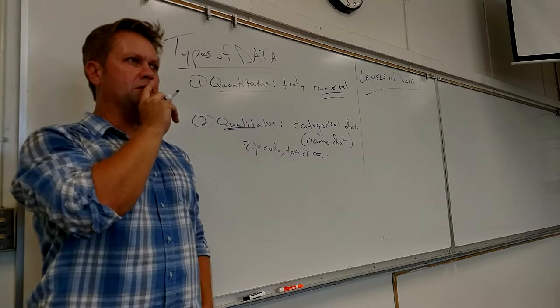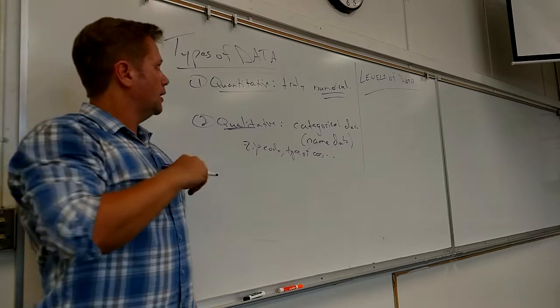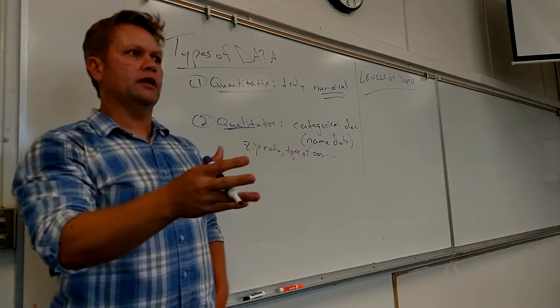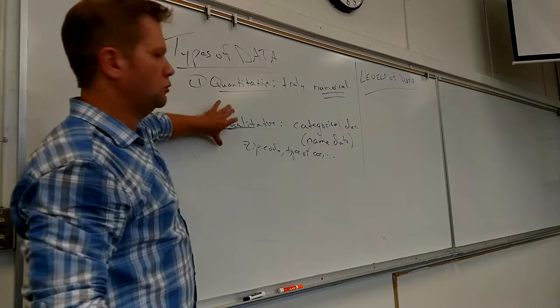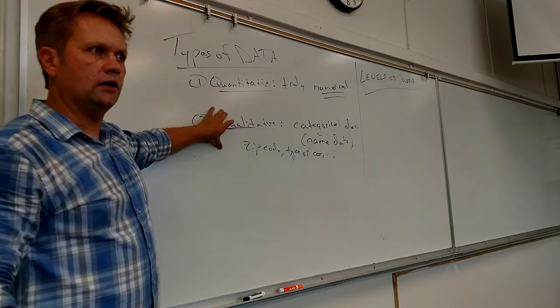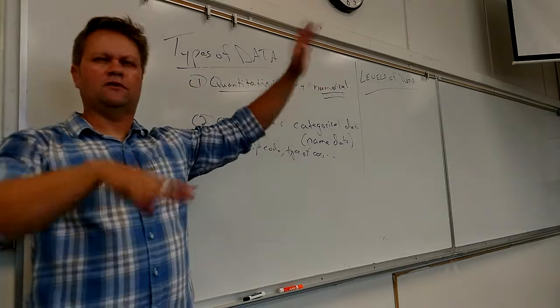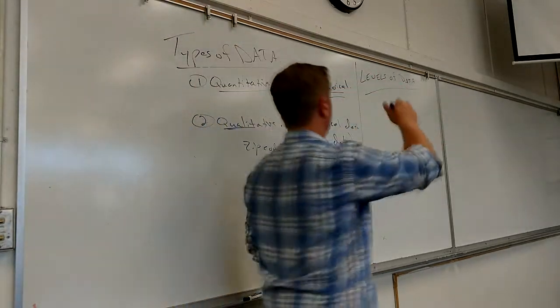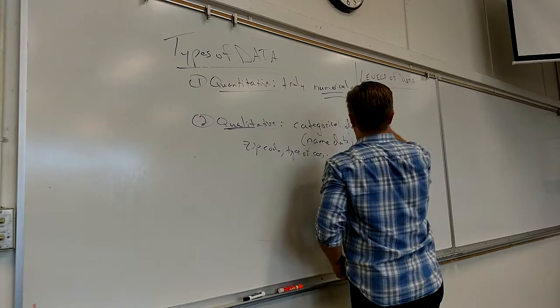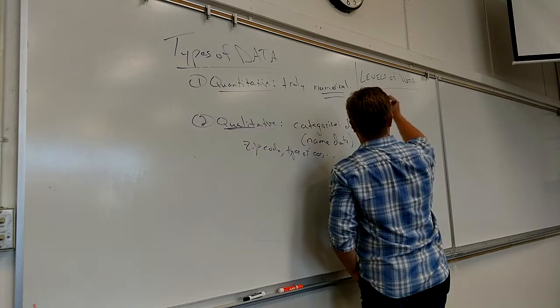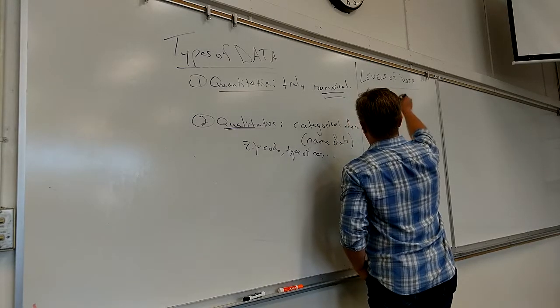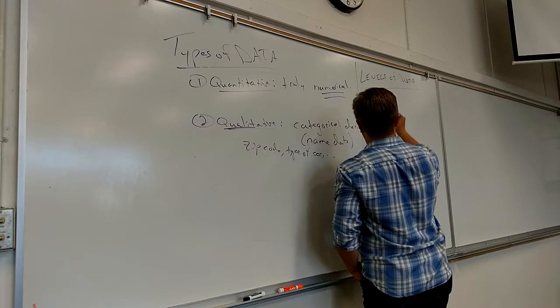Somebody's planning out their notes. I like that. There are 4 levels of data. 2 of them pretty much correspond to qualitative, the lowest levels. And 2 of them correspond to quantitative. There are just a few overlaps, but mostly that's what it is. So the first 2 kind of go together. It's been a while. Here we go. Nominal and ordinal.